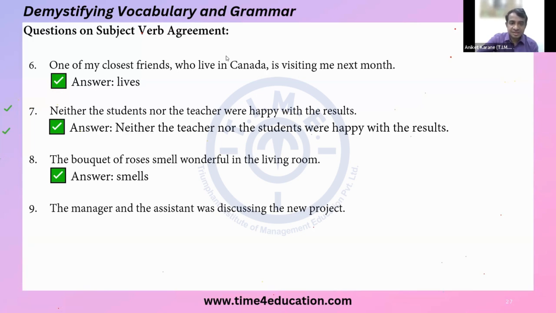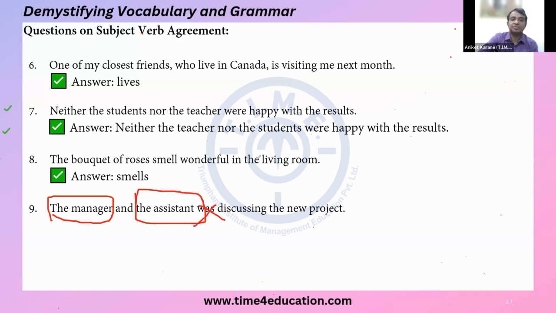Yes, very good. Pratiksha, read. Please read. Most of you have got it. Very good. Almost all of you have got it. So here the manager and the assistant, you have the manager, one person, the assistant, other person.